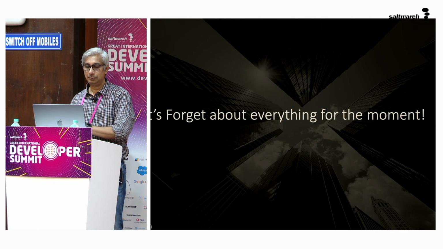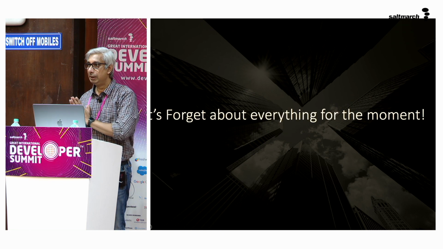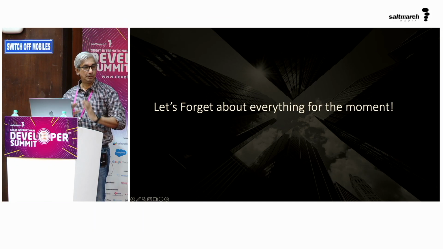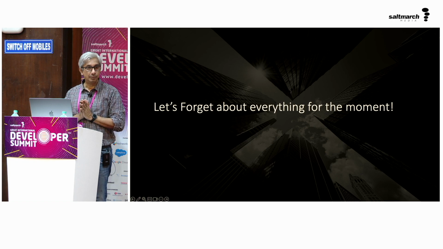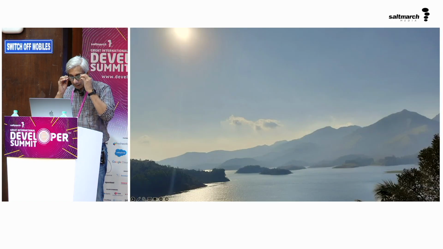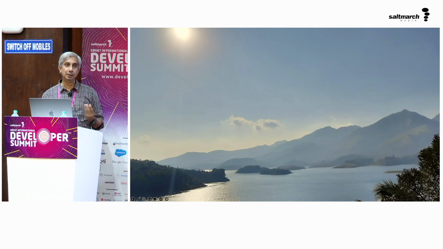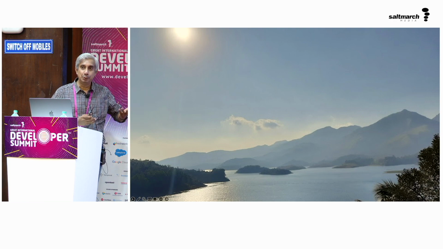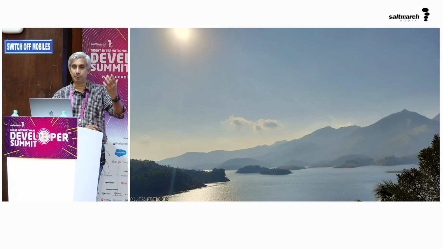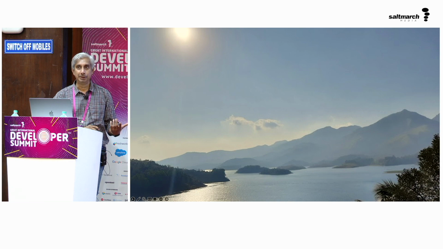Now let's forget everything for the moment. Let's forget about the apartment. Let's forget about the Java file, and let's look at a nice place, a scenery. The picture is there, and I want to represent the picture in a tree format, in an intermediate format.